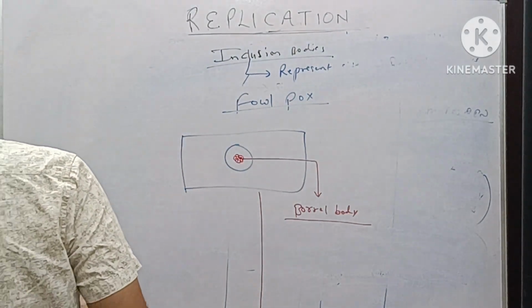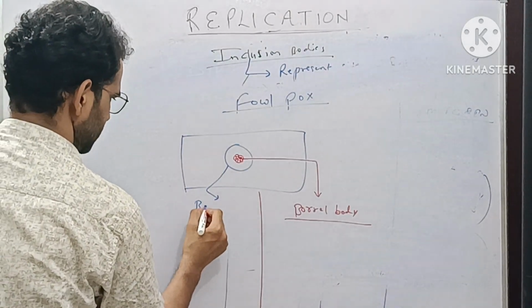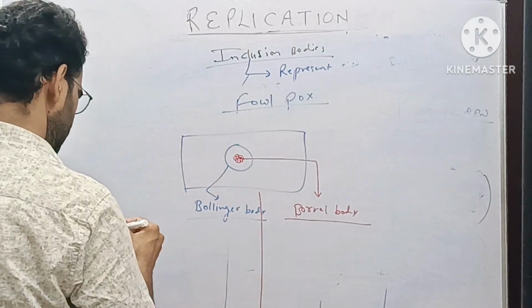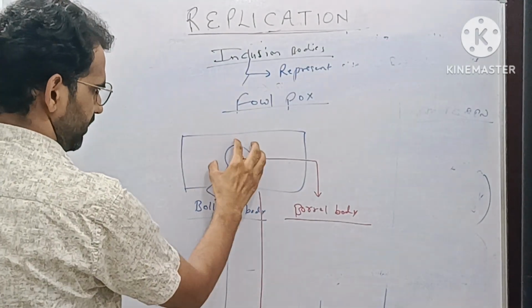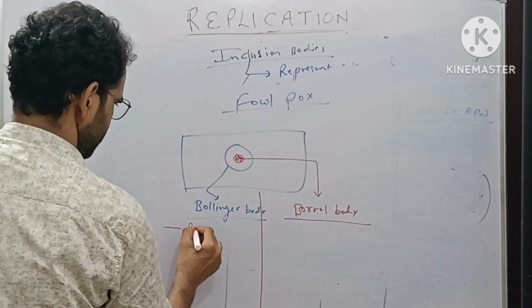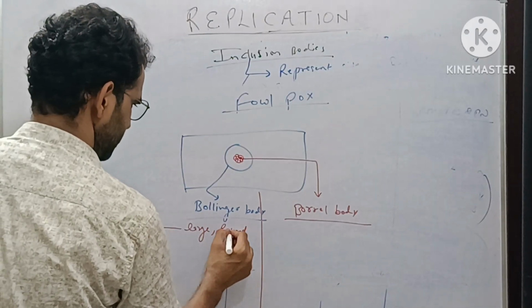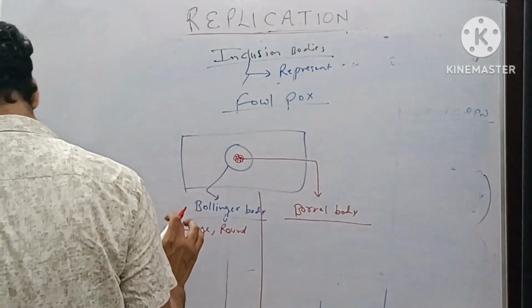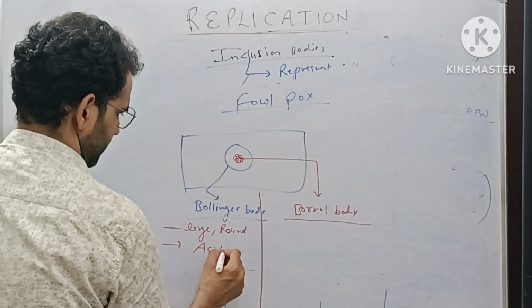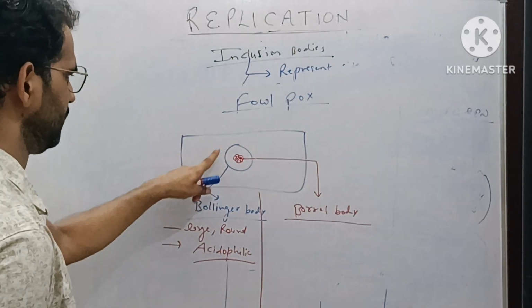And this outer one is the Bollinger body. So this is intracytoplasmic. Bollinger body is large and round, and it is acidophilic.